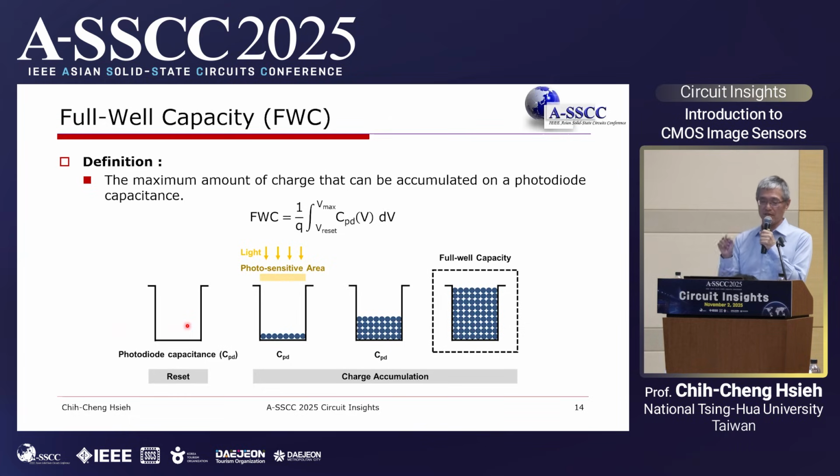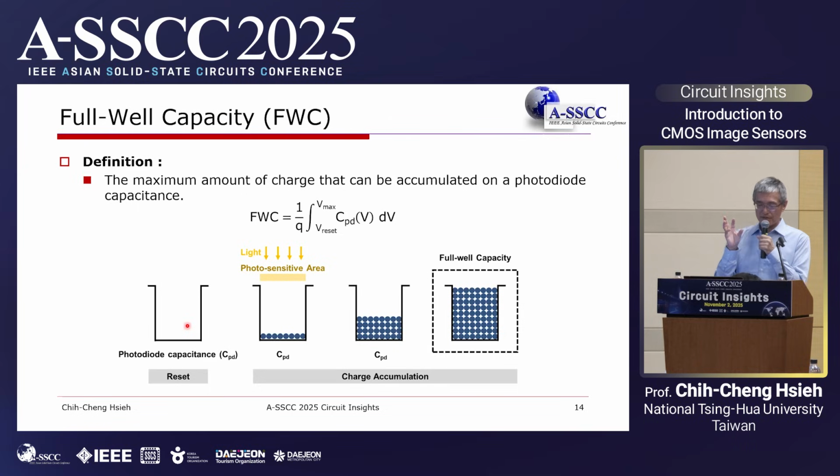After that conversion, you need some node to store the electrons. And you can imagine that basically it's the capacitance, like a well. You can use the well to store the generated electrons to do an accumulation, like integration in circuit domain knowledge.